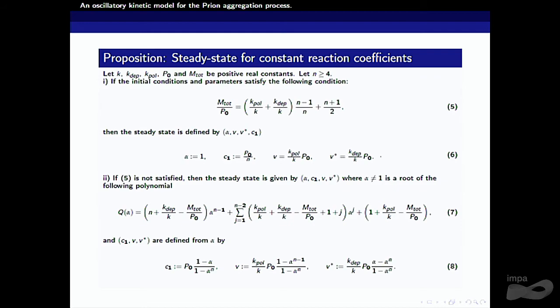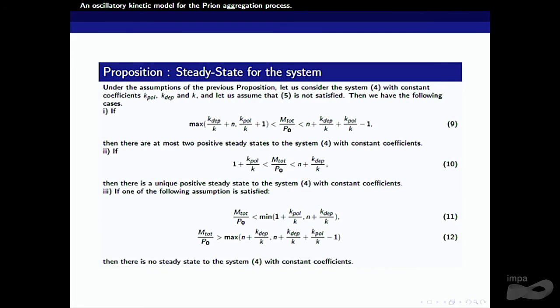So using Descartes' rule of signs, we can say, depending on the initial condition and the reaction coefficient, the number of steady states we have in our system or not.